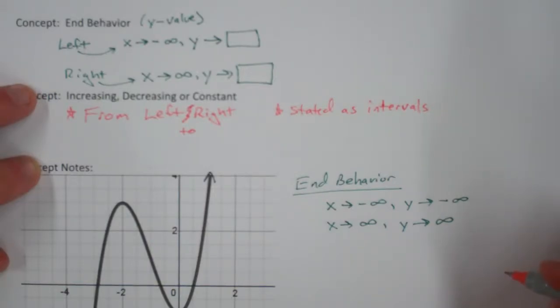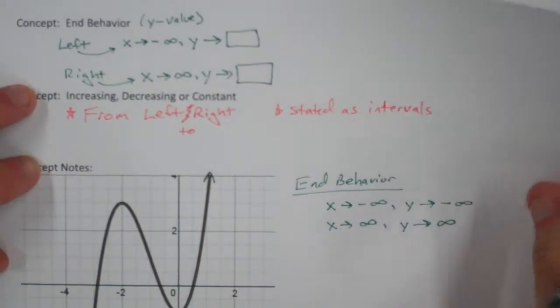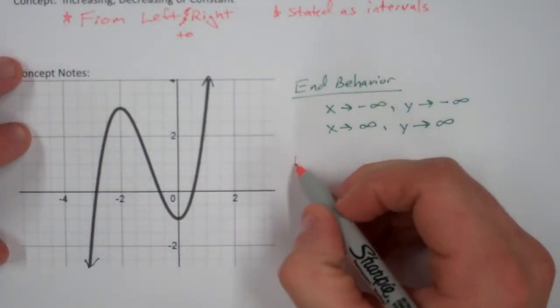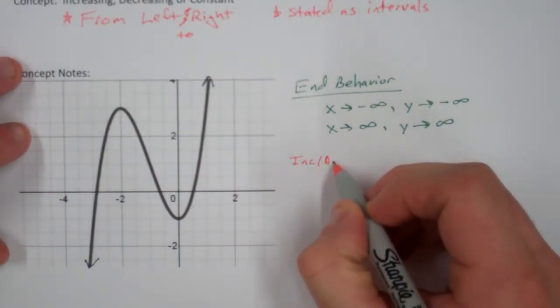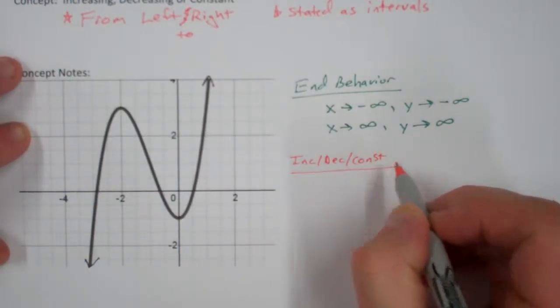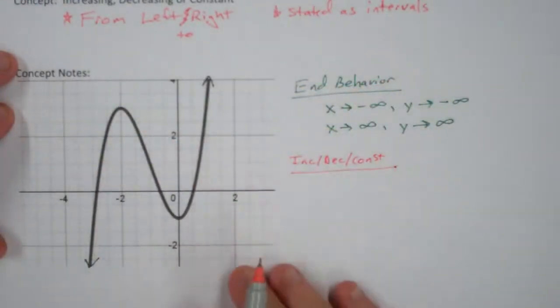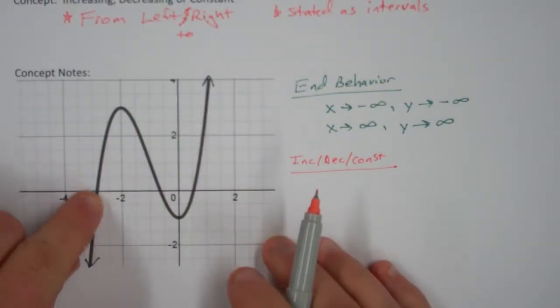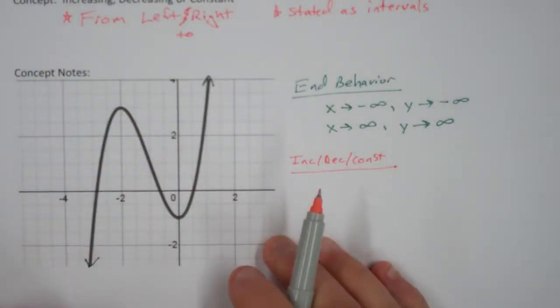Let's look then at the concept graph, and I'll write down here increasing, decreasing, or constant. And we always remember go from left to right. And so the graph is considered to be increasing if from left to right the values of y are increasing.